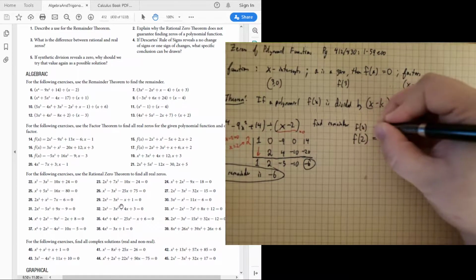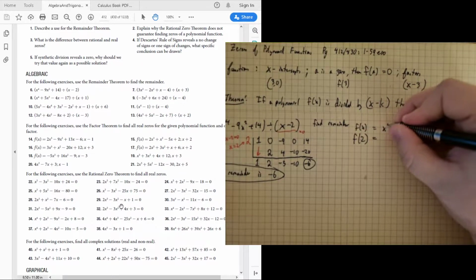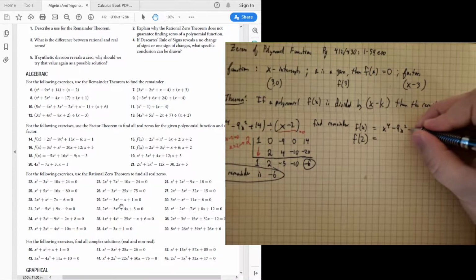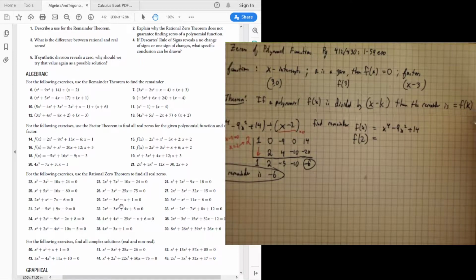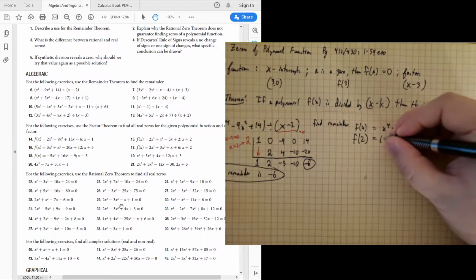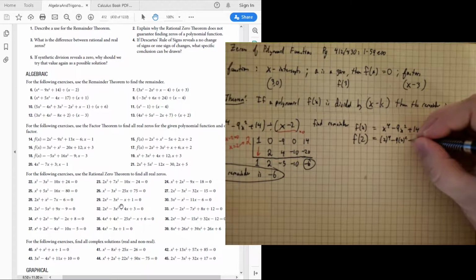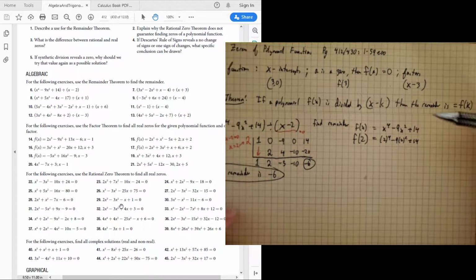f of x is equal to x to the 4th minus 9x squared plus 14. And what we're going to do is plug in 2. 2 to the 4th minus 9 times 2 squared plus 14. And if this is right, we should get the exact same answer.